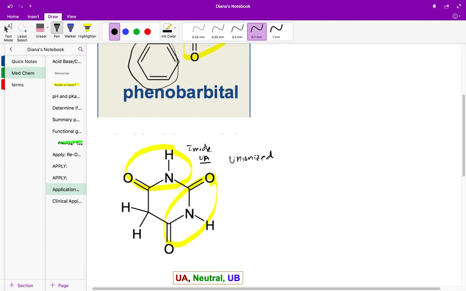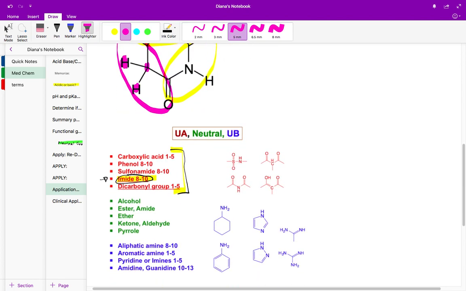But I also see something that's actually a lot more acidic. Having two hydrogens attached to a carbon right in between two carbonyls is actually very acidic. If you don't remember, this is a dicarbonyl group.